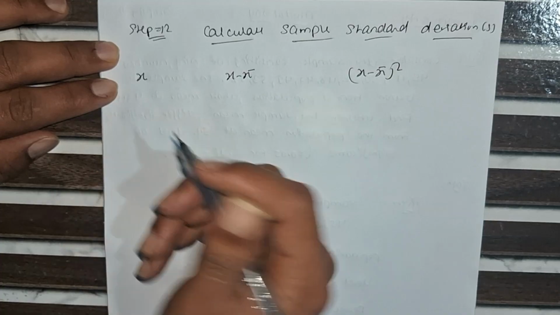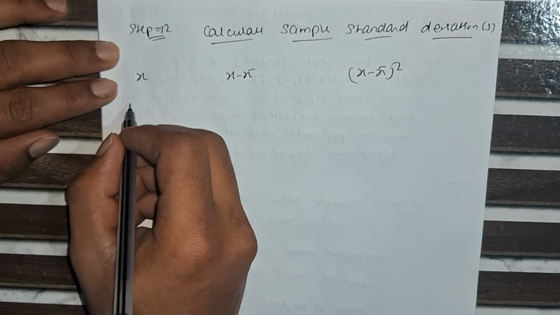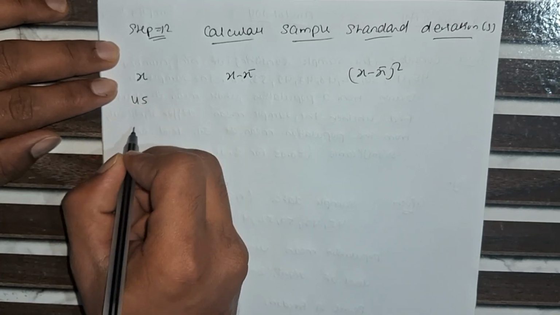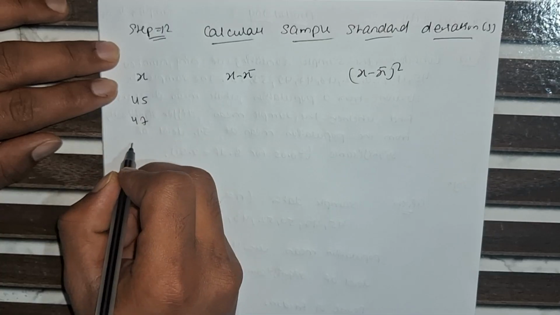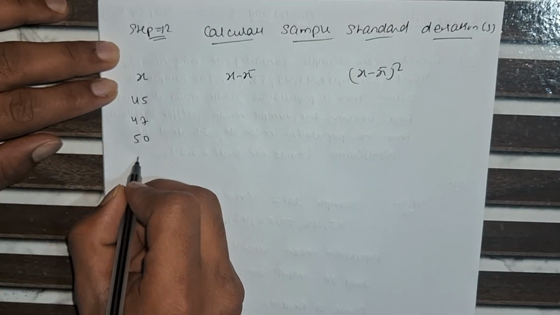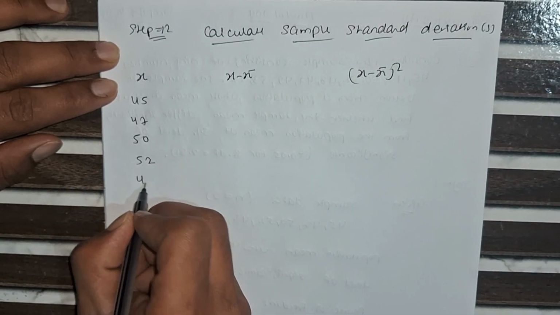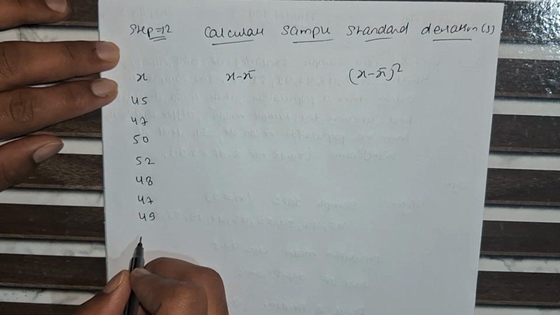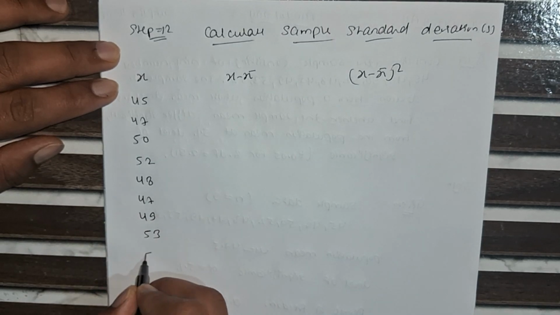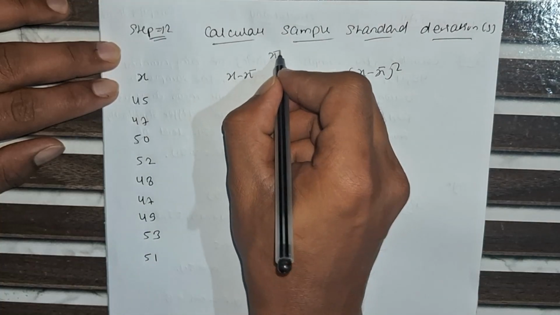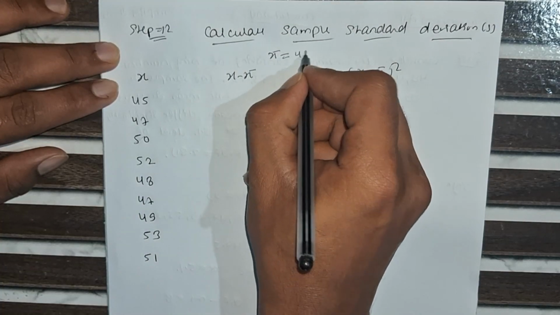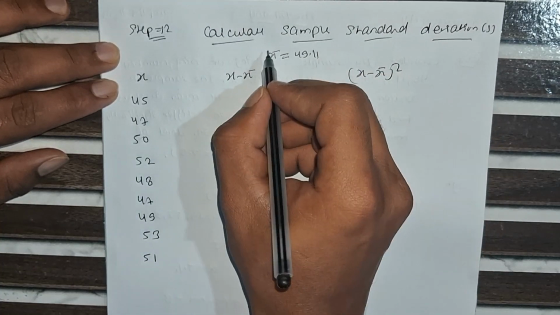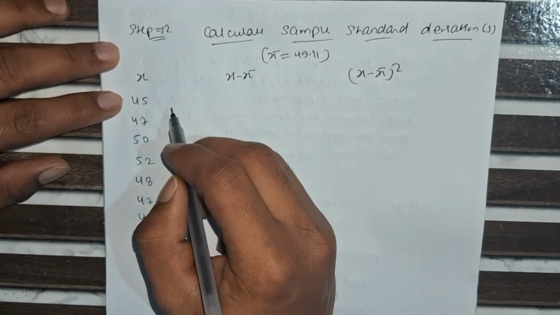The values of x given in the question are 45, 47, 50, 52, 48, 47, 49, 53 and 51. And x bar we already calculated, which equals 49.11, the mean.